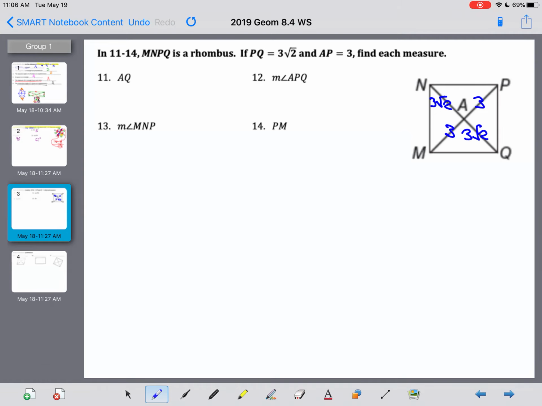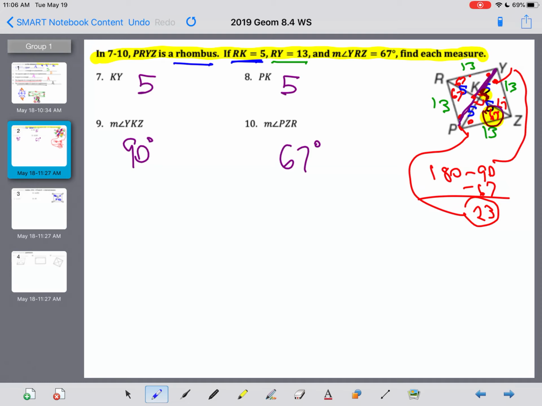We got to go back. I flubbed up a little bit here. So if we're told that PK is 5, this is 5, this is 5, this was 12, and this was 12 because of the 5, 12, 13 Pythagorean triple. So that means these should have been 12. Okay, a square has bisected pieces of diagonals that are all the same.